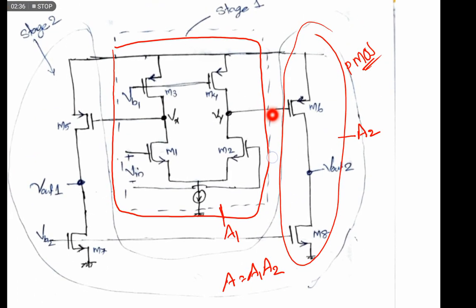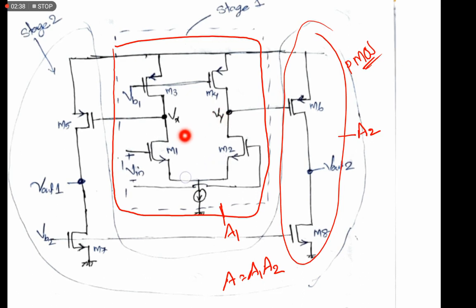In this circuit, the gain of the first stage is GMN1, because the input is given at the N side, times R0N1 parallel to R0P1, because this output impedance is R0P1. P1 indicates the first stage.